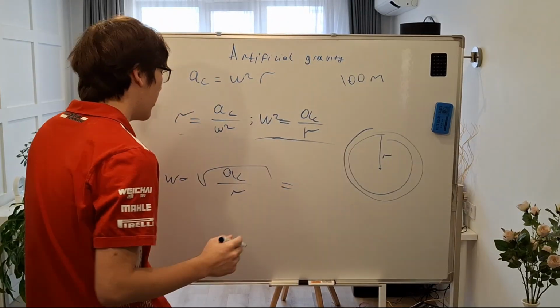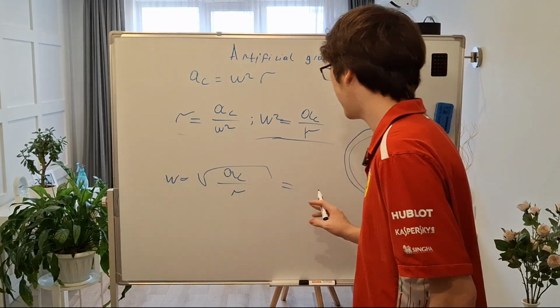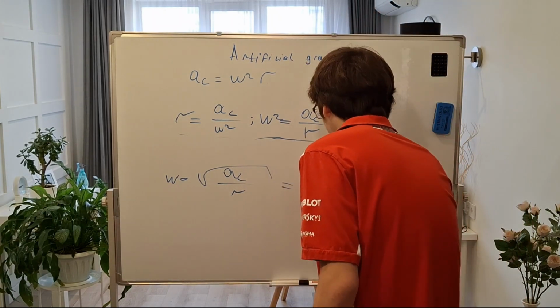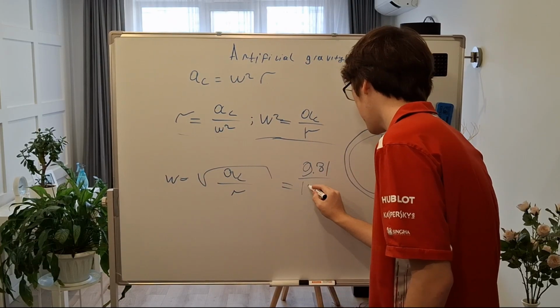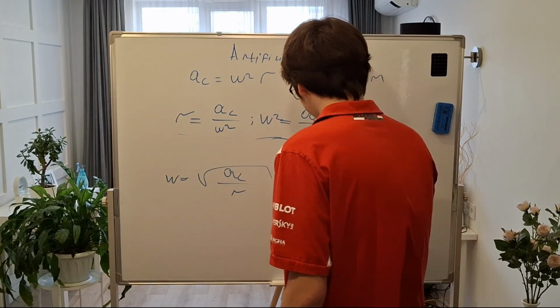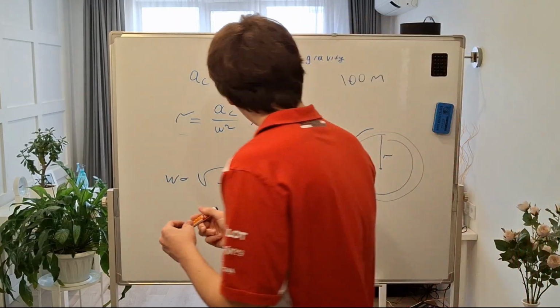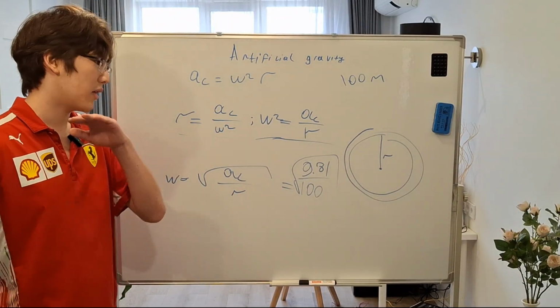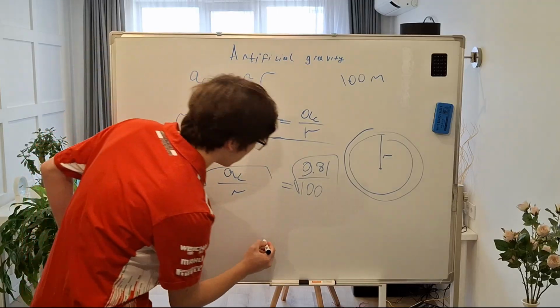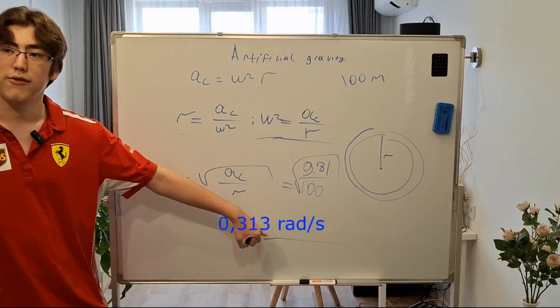So it equals the square root of 9.81 divided by 100 meters. So the angular velocity should be around, well, we should put in our calculators and it will be equal to this amount. I will montage the right amount onto the final product.